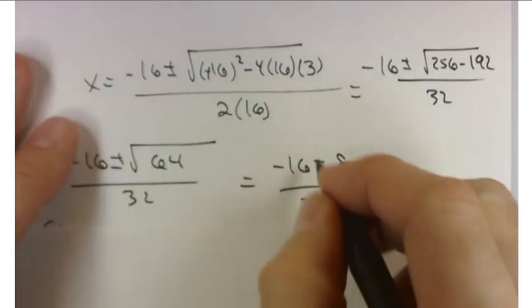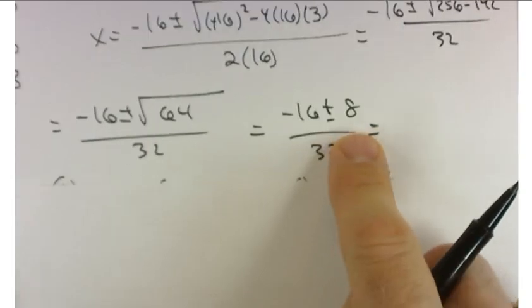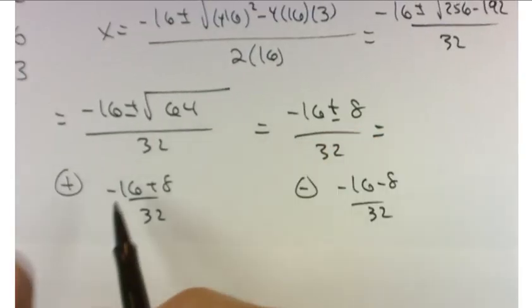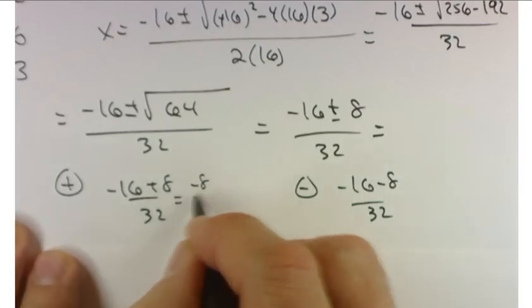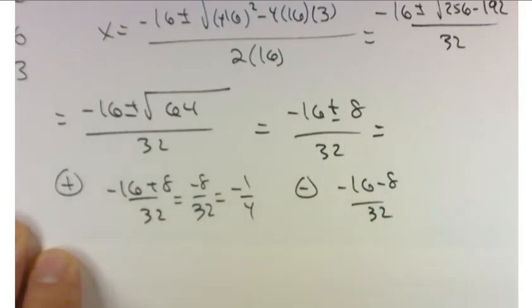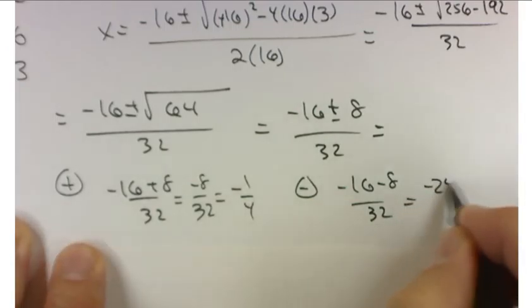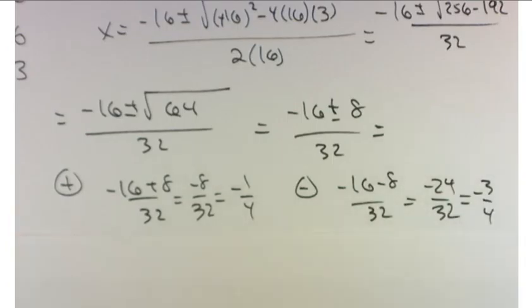Now that's special, but please don't leave it like this. Please go a little bit farther and write negative 16 plus 8 over 32, which is negative 8 over 32, or better yet, negative 1/4. Or negative 24 over 32 becomes negative 3/4. So notice I get the same answers as I did by factoring this. And that's great. I should.